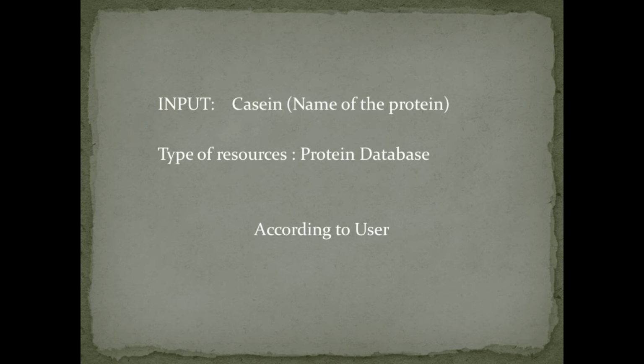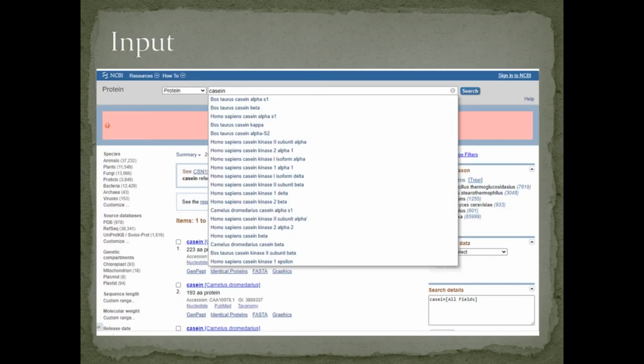So here you can see the home page of the NCBI. In the All Resources section, I am going to select the protein database, and in the search box I am going to type a protein name, that is casein protein, and press enter to get the results.